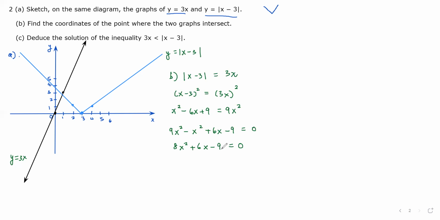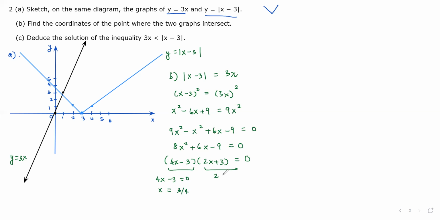This is a trinomial, and it can be factored to 4x minus 3 and 2x plus 3. Solving for x, we set 4x minus 3 to 0, so that x equals 3 over 4.